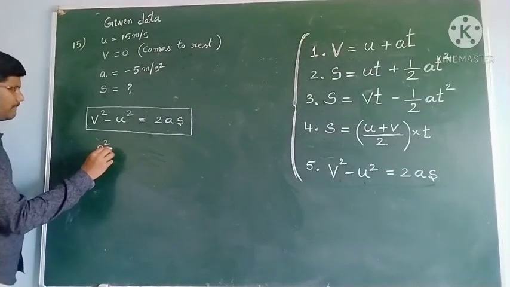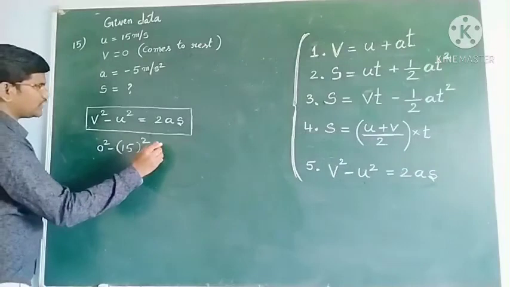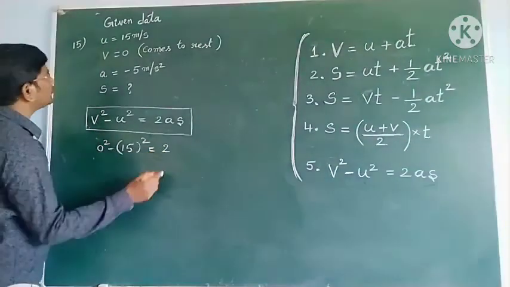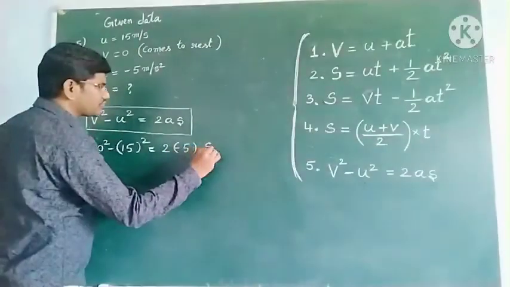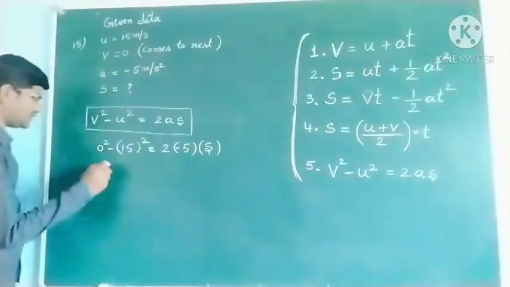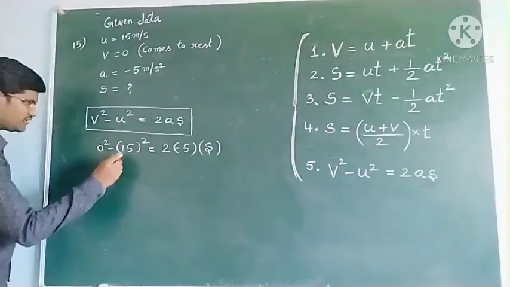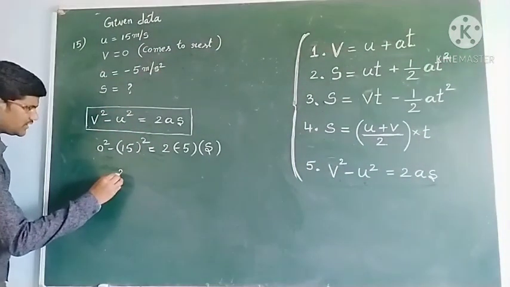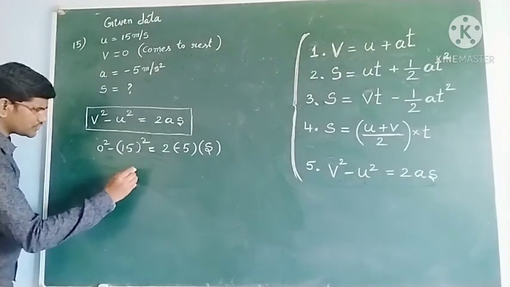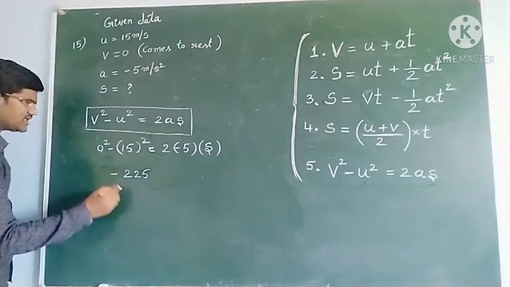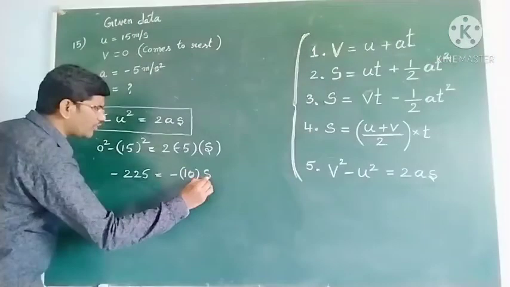Then for the v square value, what will you write? 0 square. And for the u square value, 15 square, is equal to 2 into a, where a is minus 5, into s. So 0 equals 15 square, which is 225, plus 2 into minus 5, that is minus 10, into s.